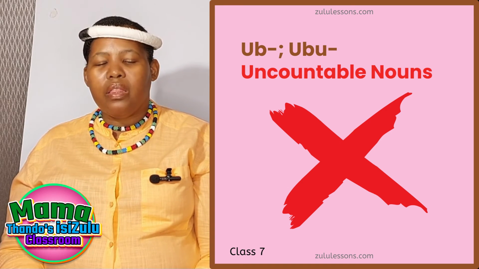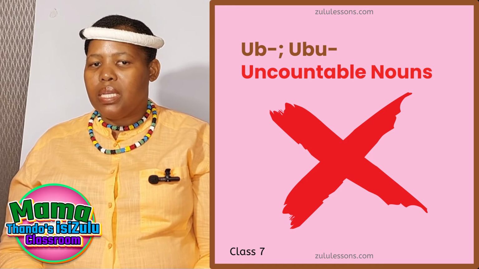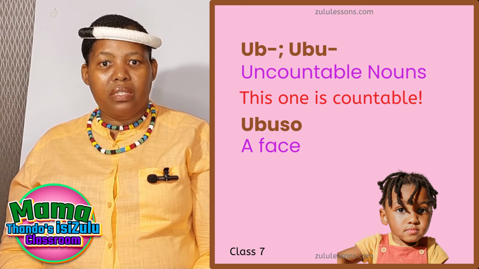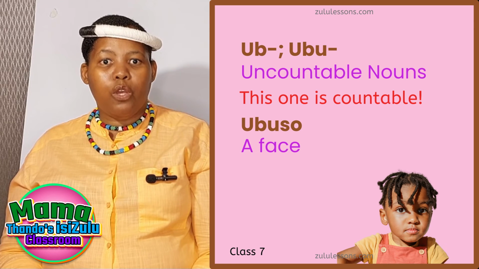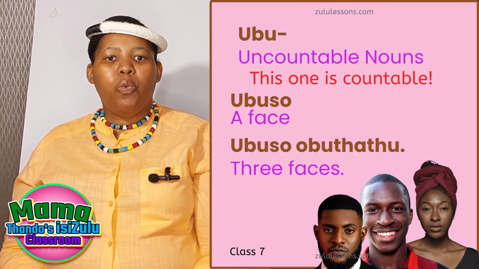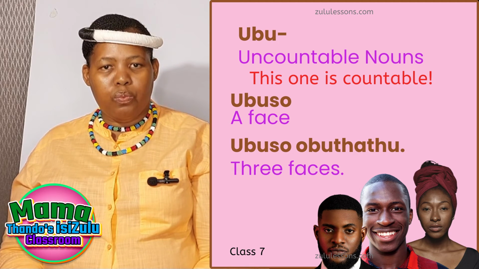But there are a few words here and there that can be counted. For example, a face, ubuso. We can say one face, two faces, 100 faces. And so we can say ubuso obuthathu.